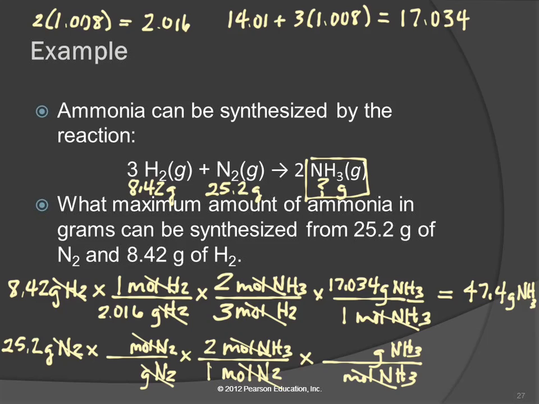So that's like the one little tidbit that you get out of it. 17.034. So that guy ends up being the same. Then we need to calculate the mass of nitrogen, and 2, so that's 2 times 14.01, which is 28.02. That goes in here, 28.02.